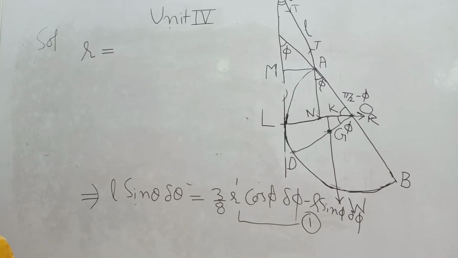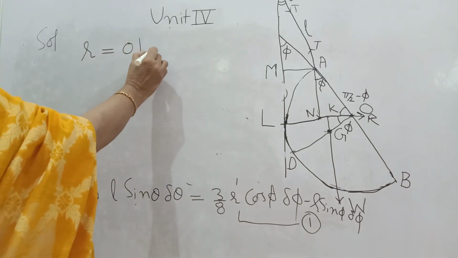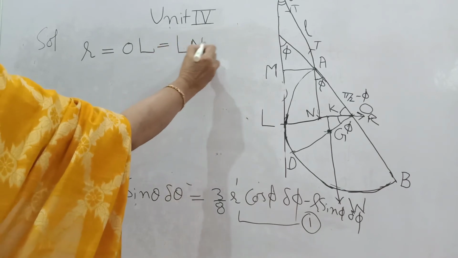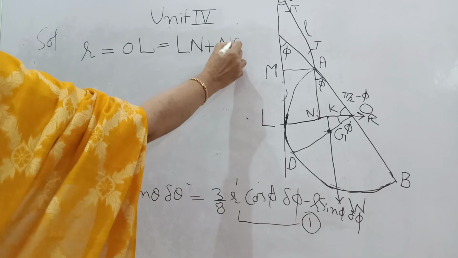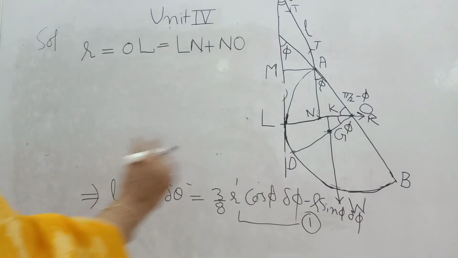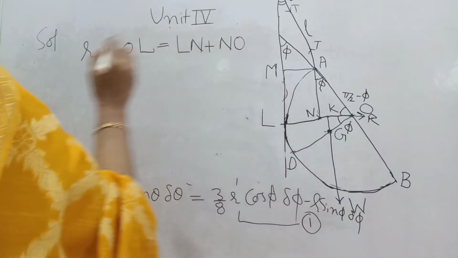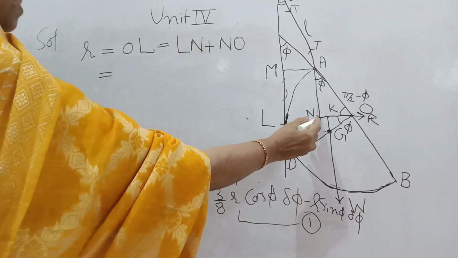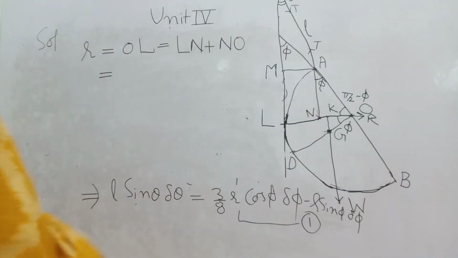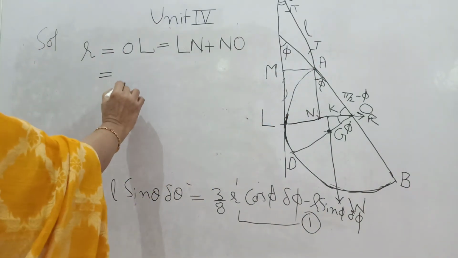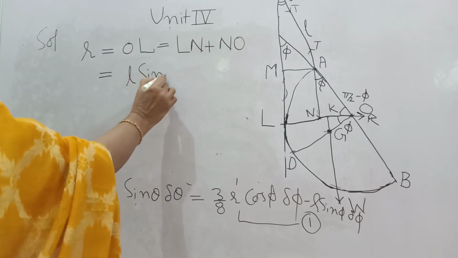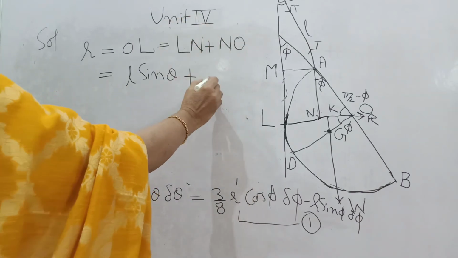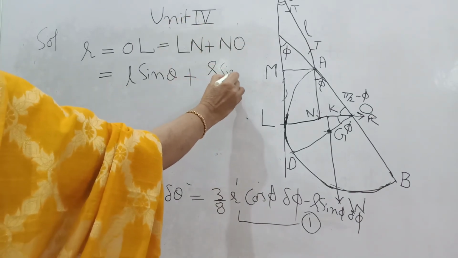You know, radius of the hemisphere is OL, and OL can be written as Ln plus NO. Okay? So further we can substitute for Ln. Ln is nothing but Am. So it can be substituted as L sin theta plus NO, that is R sin phi.